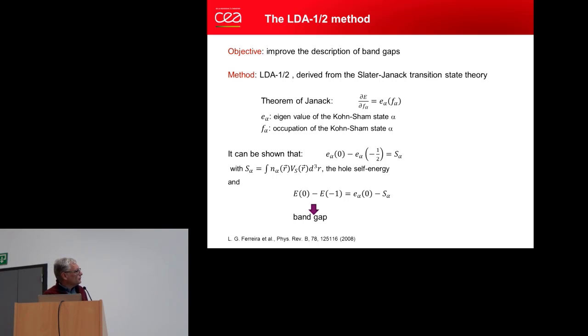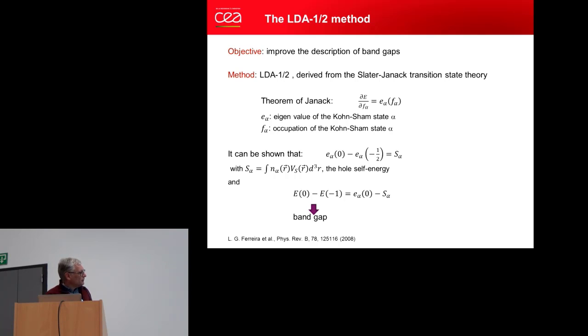And during some algebra, as we say, it can be shown that we can relate the eigenvalue with the ground state with the eigenvalue with minus half electron to a quantity which is written here, S alpha, and it can be shown that S alpha is connected with the hole self energy.